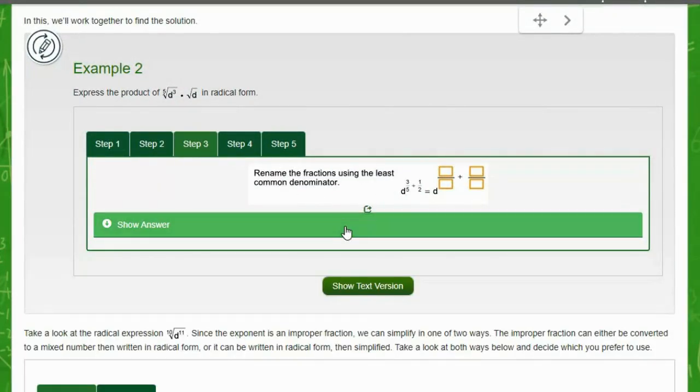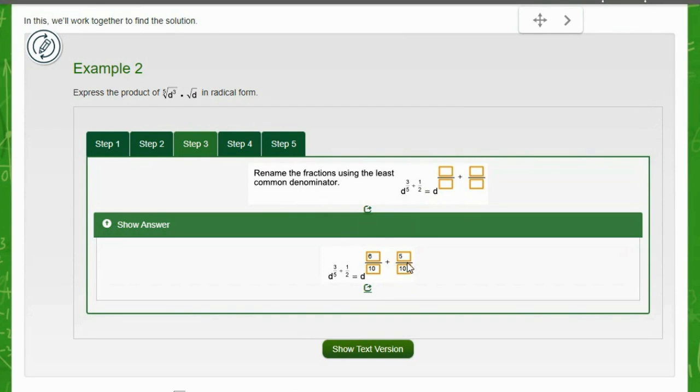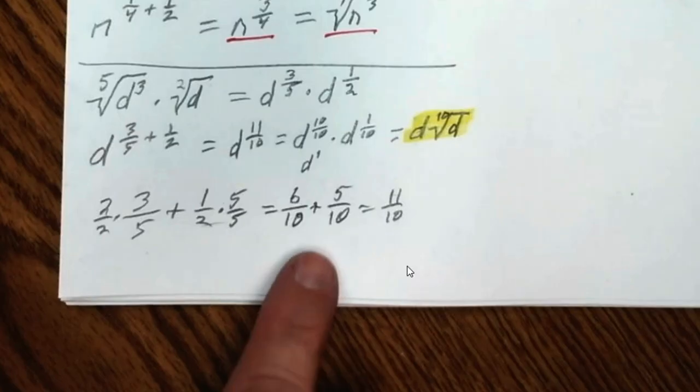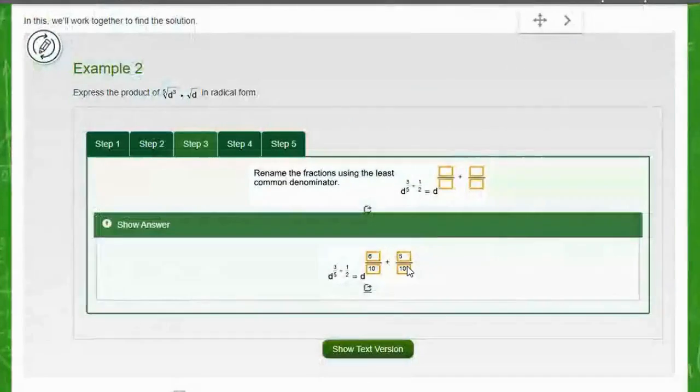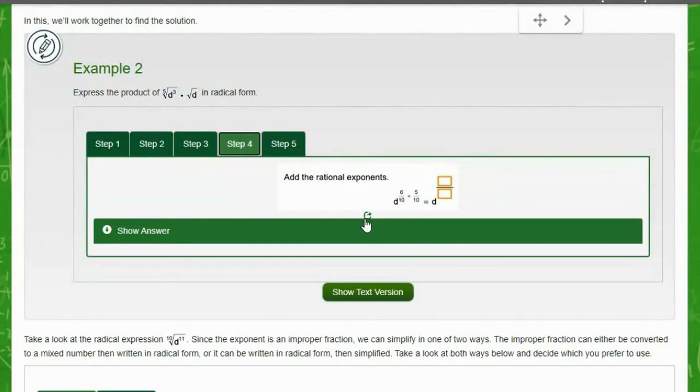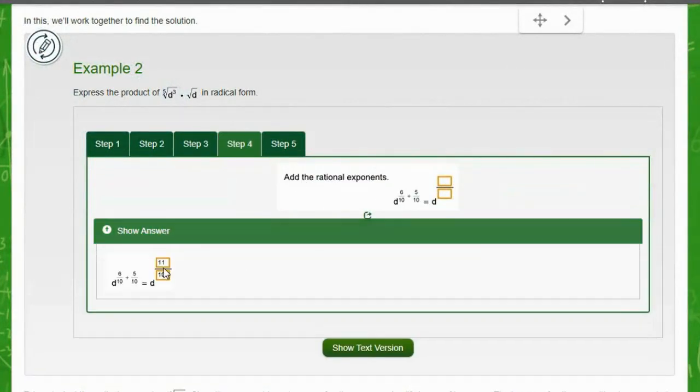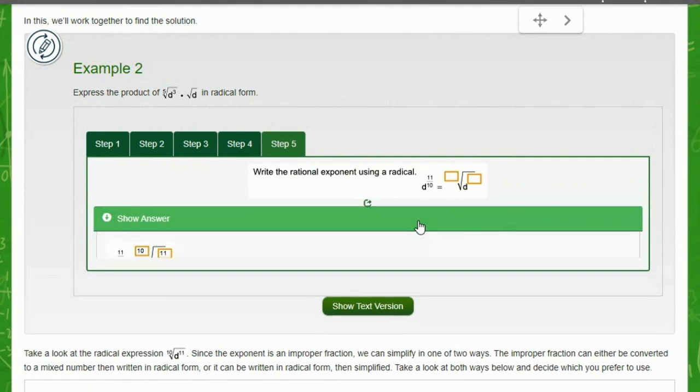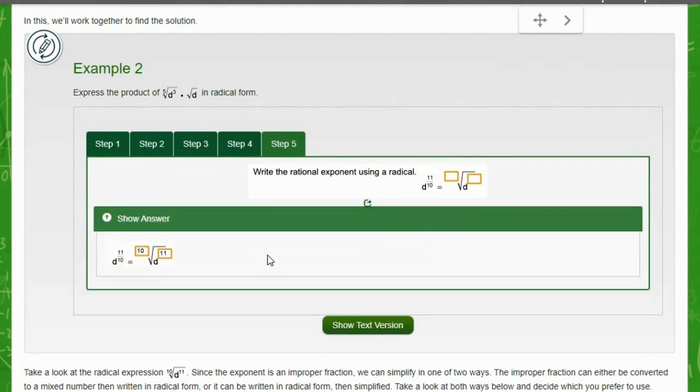Step 3, rename the fractions to the least common denominator. That's where we made 6/10 plus 5/10. We did that right there. Step 4, add them, and they get 11/10, just like we did. And they just left it like that. And that's fine too.